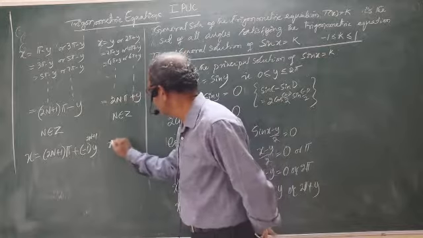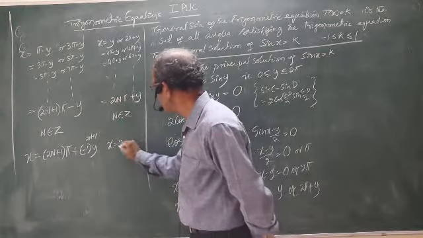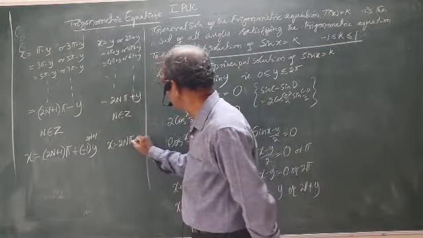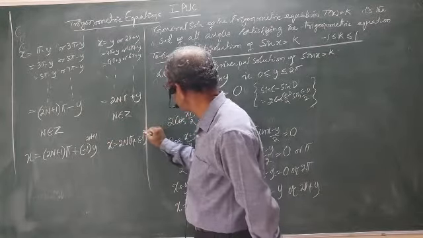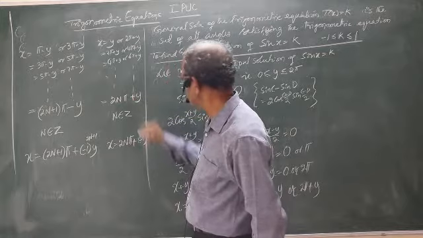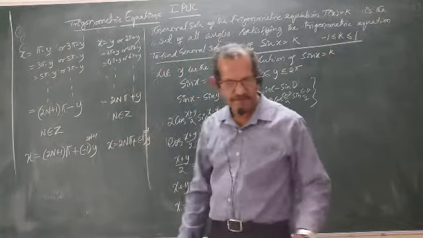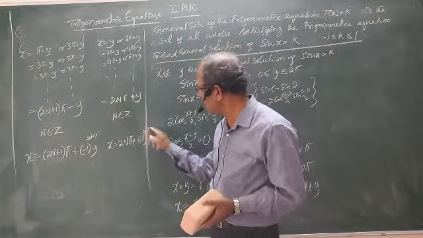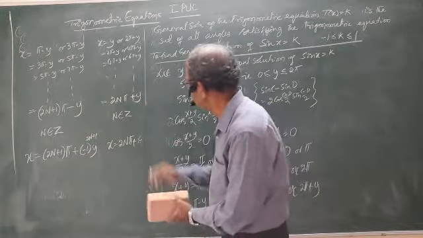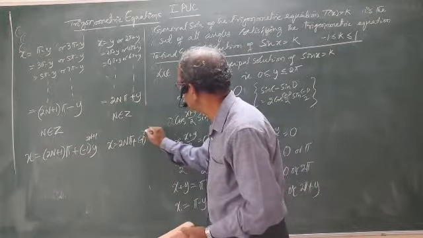And here, x equal to 2n pi plus minus 1 to the power 2n y. Because it is plus, so it is y. Since the sign is positive, you must have an even number on the power.